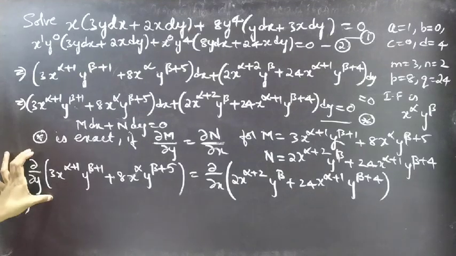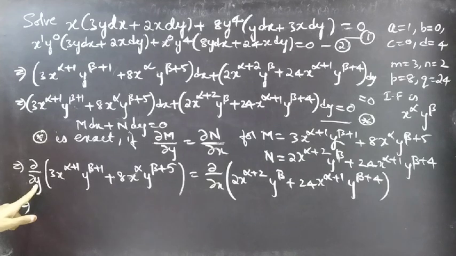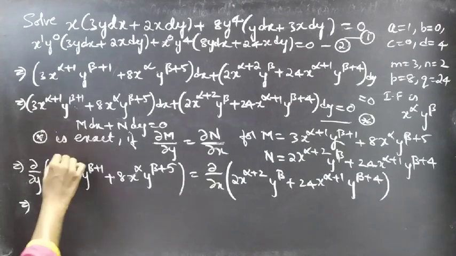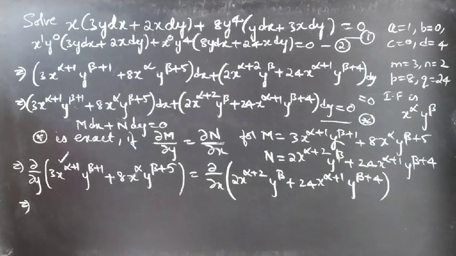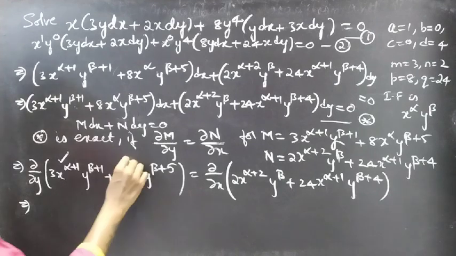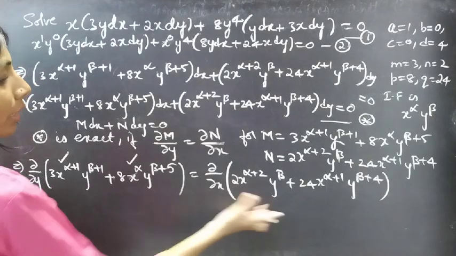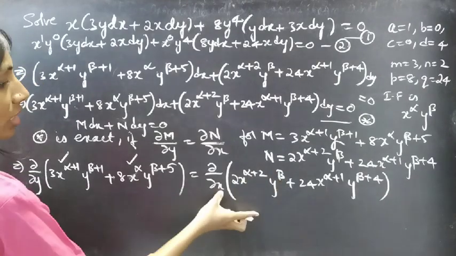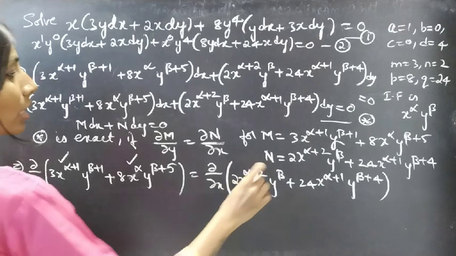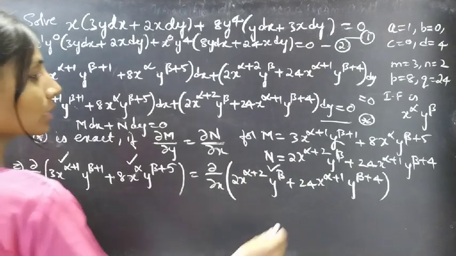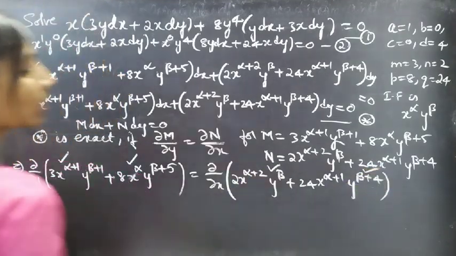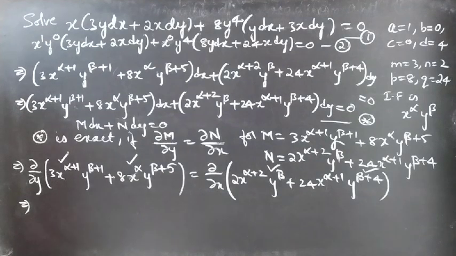So in the LHS part we need to find the partial derivative of terms with respect to y. So here x is treated as constant. In the first term x^(α+1) is constant, in the second term x^α is constant, and here we need to find partial derivatives of the terms with respect to x. So here y is treated as constant, so y^β and y^(β+4) are constants, right?